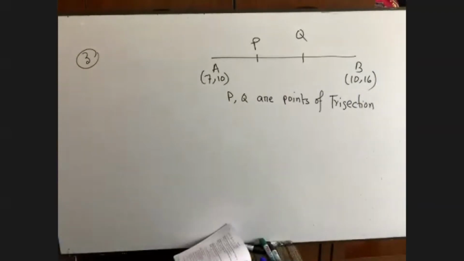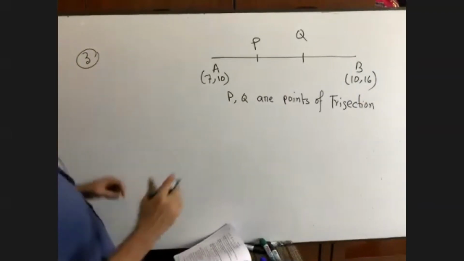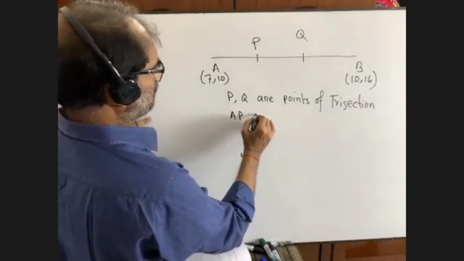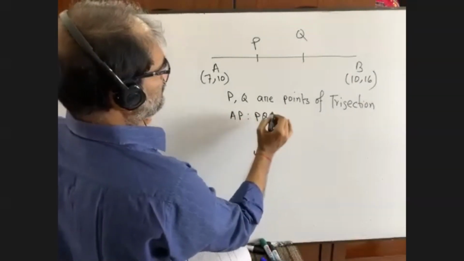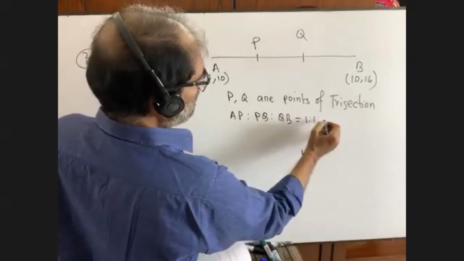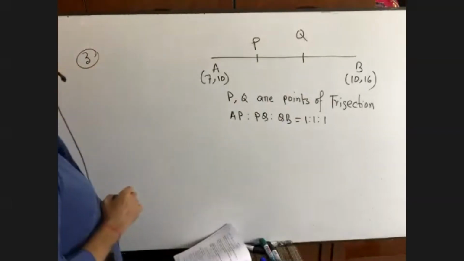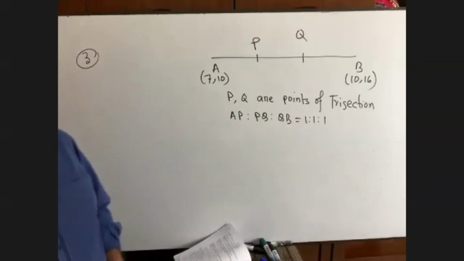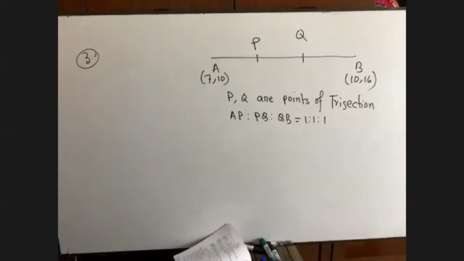Or who can find P? AP is to PQ is to QB, 1 is to 1 is to 1. They are equal. That means AP equals PQ equals QB. Can you find it?